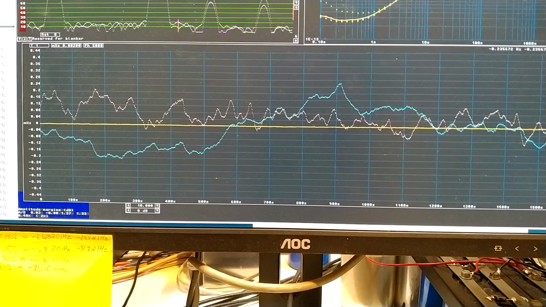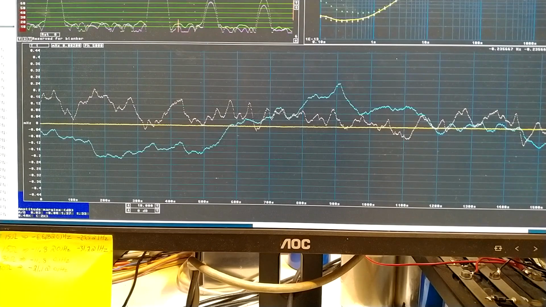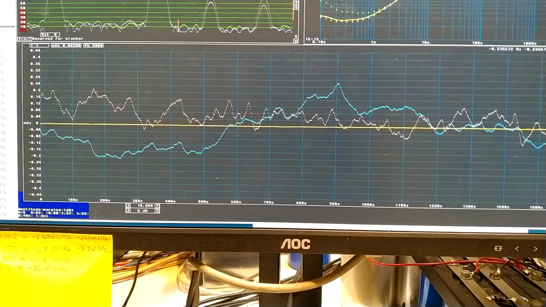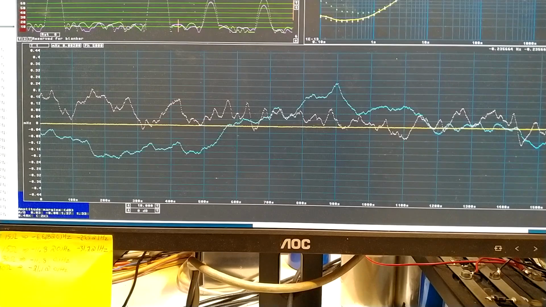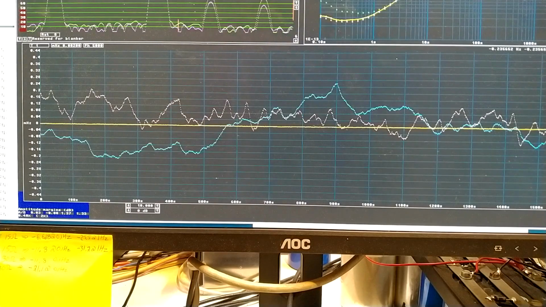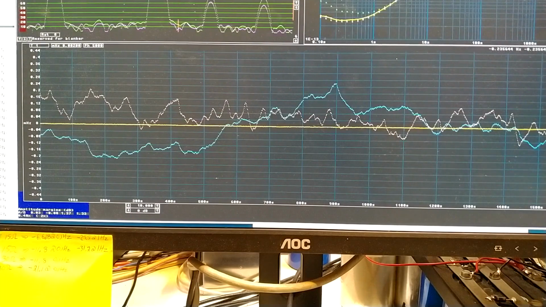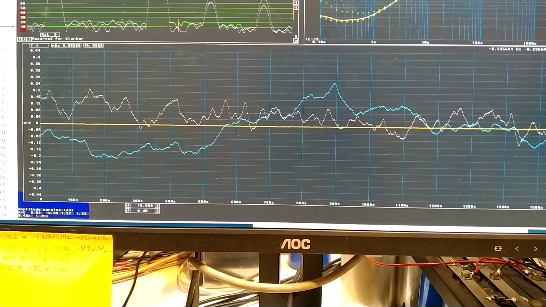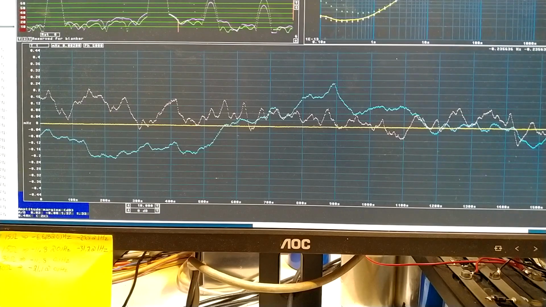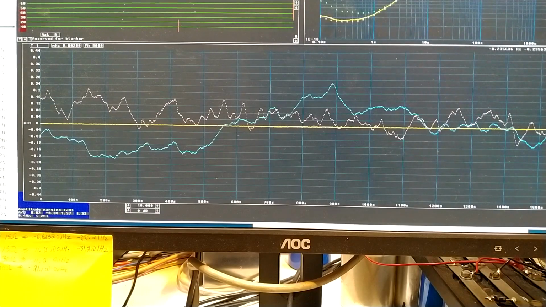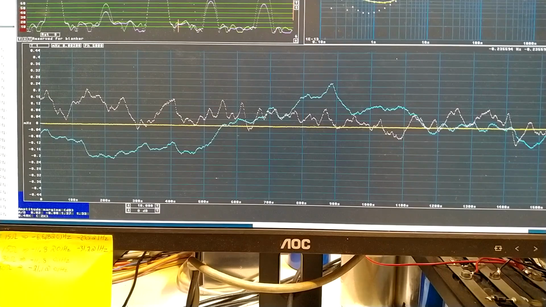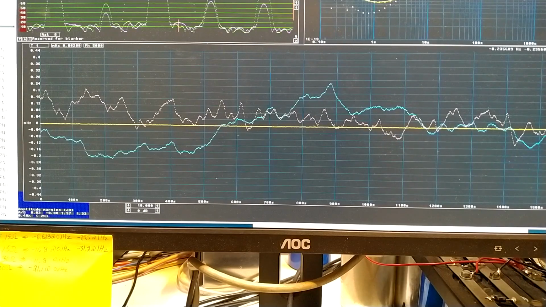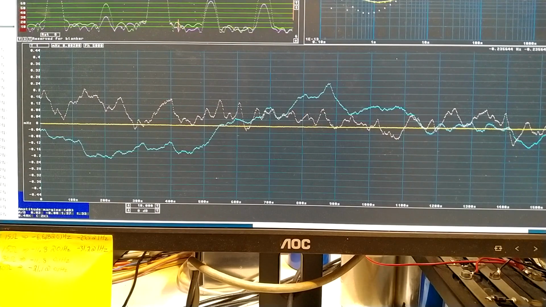I can investigate this for various phenomena. For example, I can change the signal level by 1 decibel. The signal is now 1 decibel stronger.